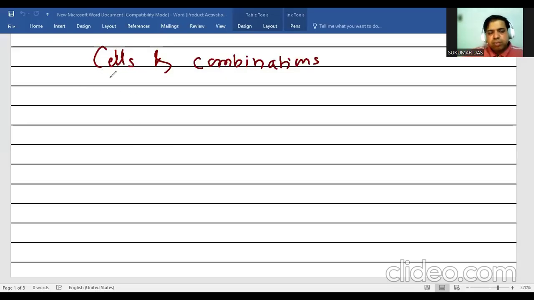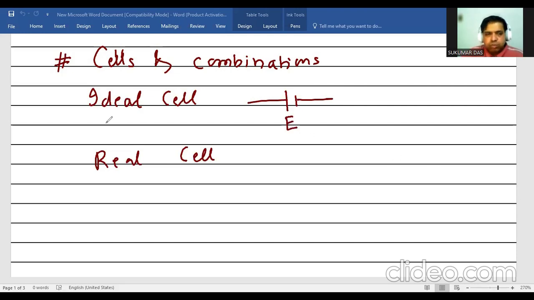So now we will look into the next topic, that is cells and their combinations. So cells are of two types. One is ideal cell, and another is real cell. Basically, ideal cell represents just this one. It has EMF. EMF means it is the maximum voltage that one cell can supply.